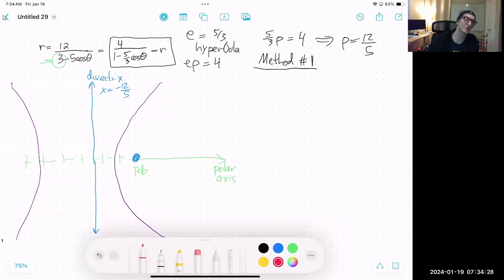If you are trying to figure out the parameters of this hyperbola, you're probably thinking, I want to know what A and C are: how far away the focus is from the center and how far away the vertex is from the center. The biggest problem is I don't know where the center is. This right here is the focus, but where's the center?